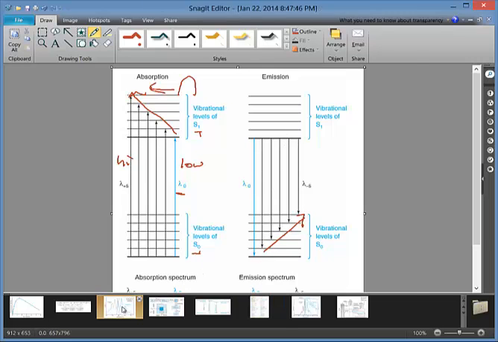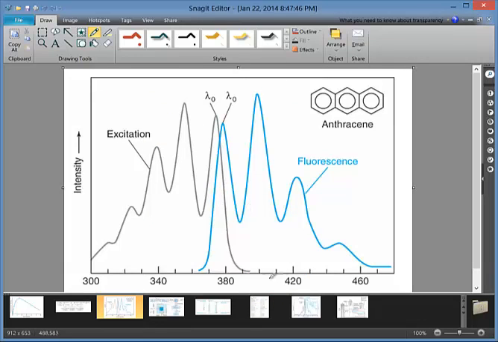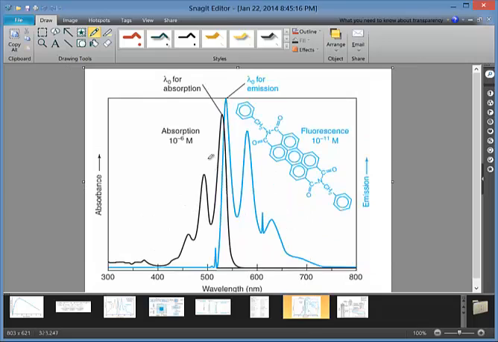So if we go back and take a look at our two spectra, let's look at this one here for example. We see absorption, and this is our lambda naught for absorption, and the vibrational modes would go up to higher energies. And for emission, the opposite is true.